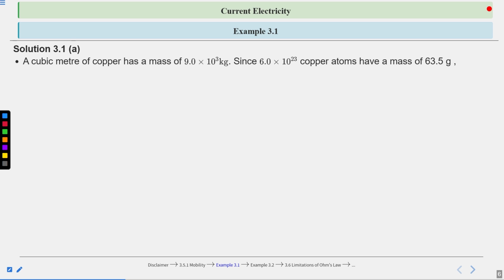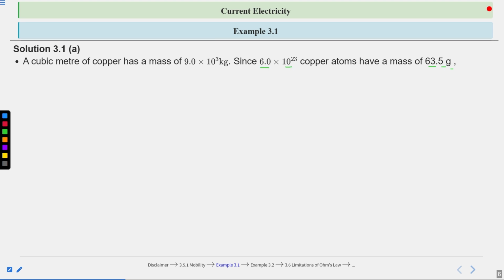A cubic meter of copper has mass 9 into 10 to the power 3 kg. Since 63.5 U is the atomic mass of copper, 63.5 gram copper will have 6 into 10 to the power 23 copper atoms.